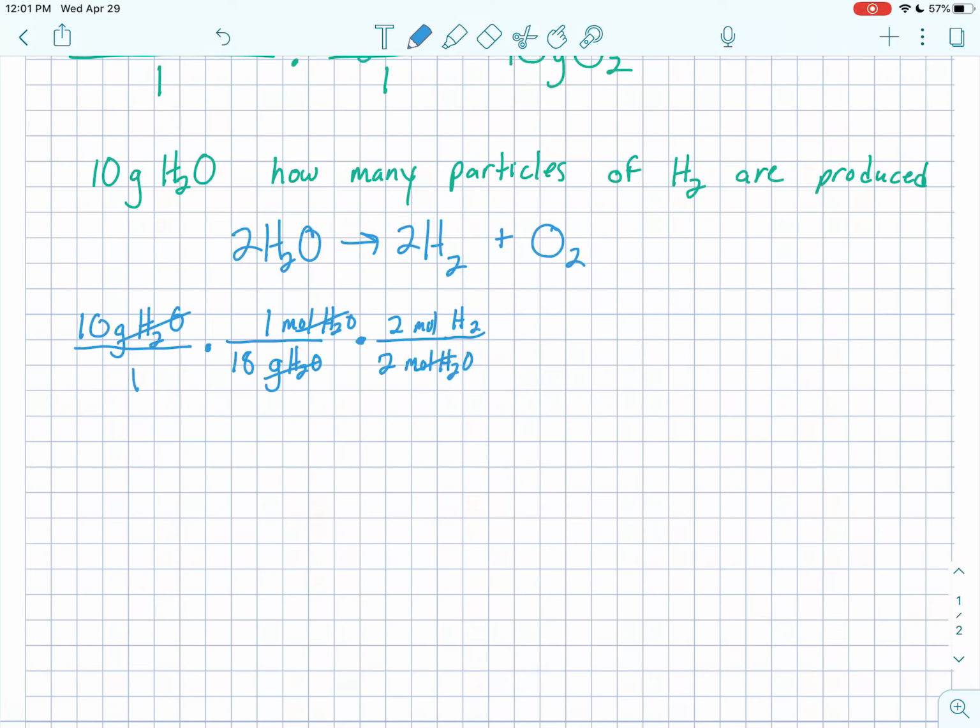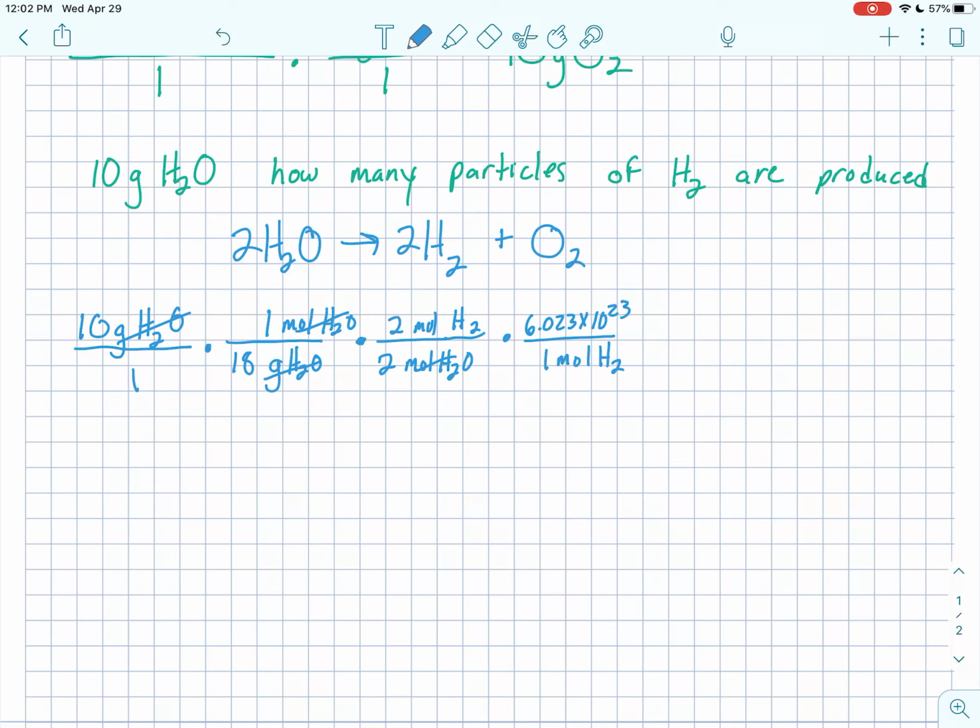Now, most of you can probably follow through to that point, but the tricky part is where it says number of particles. How many particles? Well, if you remember, 1 mole is 6.023 times 10 to the 23rd particles. So I can convert from moles. So 1 mole of H2 to 6.023 times 10 to the 23rd particles of H2.